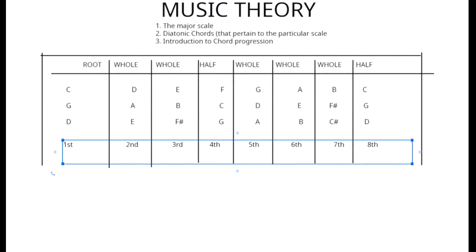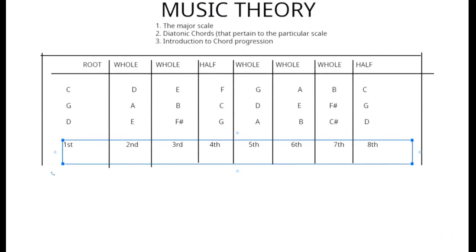For 3, lowercase because that's also minor. 4, uppercase because now this is major. And the 5 is also major. 6, we go back to minor, so we use lowercase.